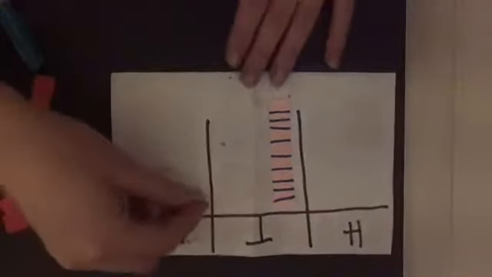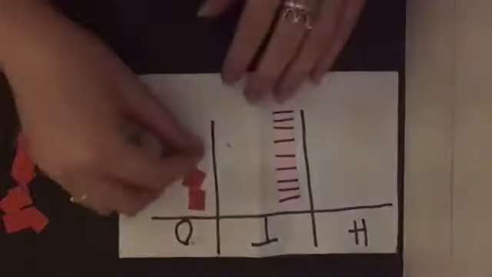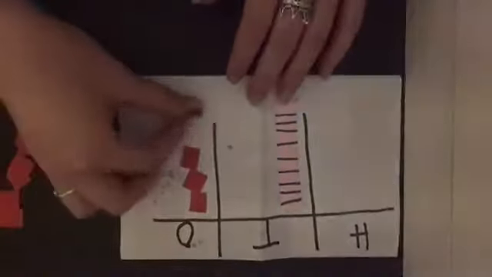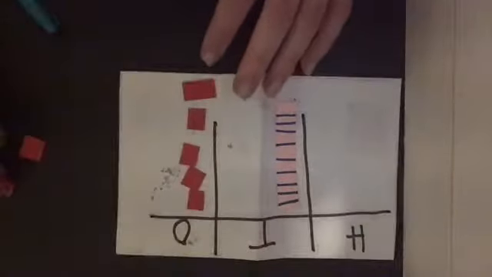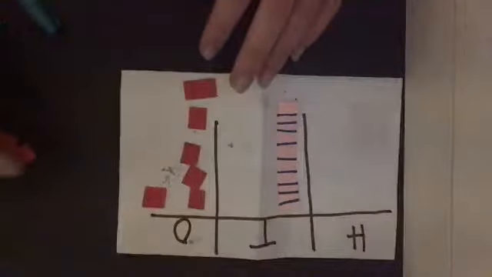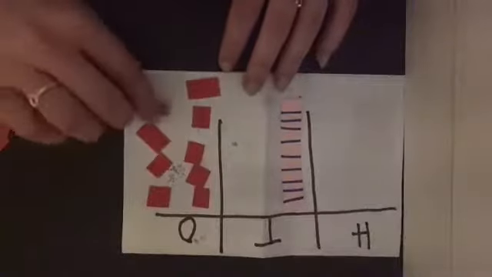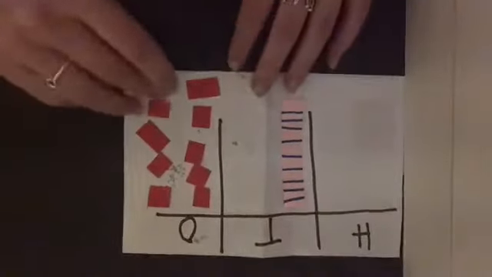Now we're working on the third dollar bill. Remember to keep count. Now we have 1, 2, 3, 4, 5. So that's the third dollar bill. Now we have the fourth. 1, 2, 3, 4, and 5.